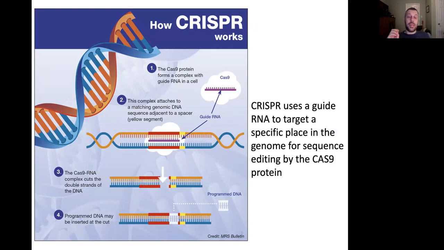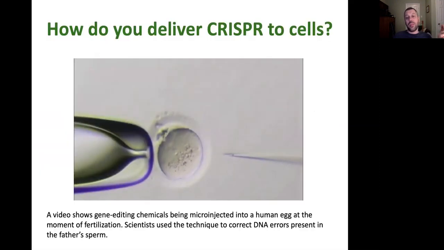That's how CRISPR is so specific. The guide RNA finds where you want the Cas9 complex to go. When it gets there, it will edit the DNA as you would like it to. In this example, in step number 4, you can see it's cutting out some DNA and replacing it with new DNA. So that's how it works. Relatively simple, really, but very powerful.